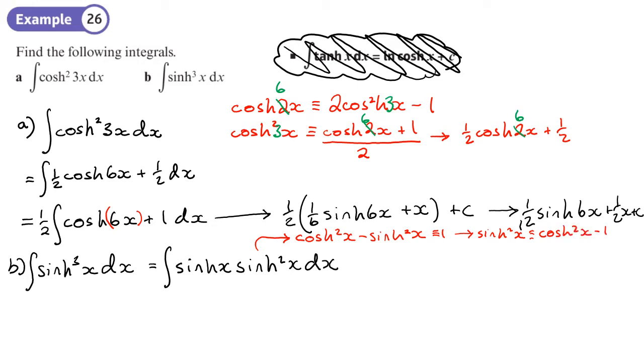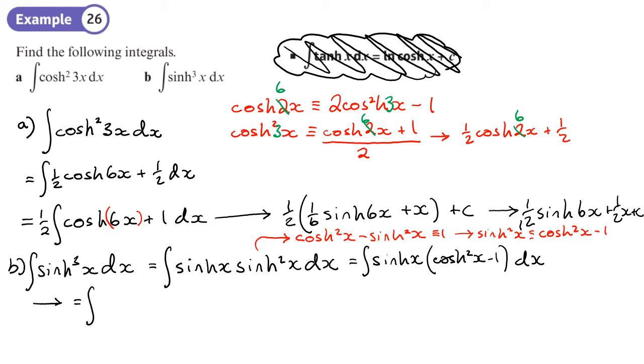So we'll put that in as a substitution. So sinh x times, and that's going to be now cosh squared x minus 1. Then expand the brackets.